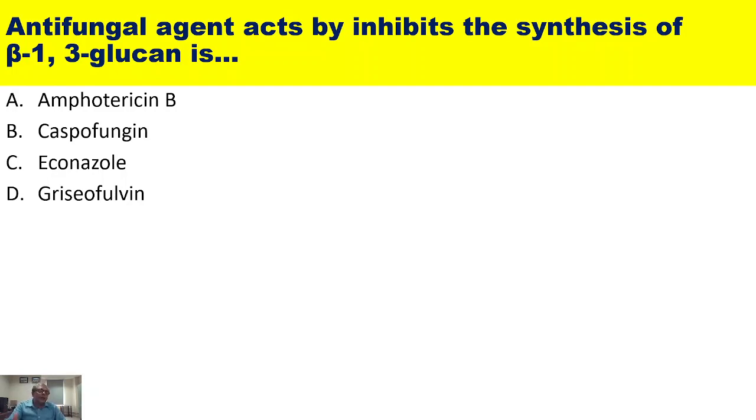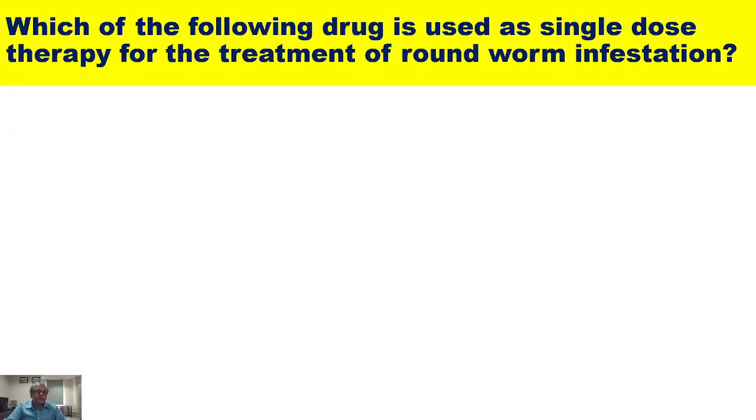But caspofungin is the correct option. It inhibits the synthesis of the fungal cell wall by acting on a unique pathway, inhibiting the synthesis of beta-1,3-glucan, and so the answer is caspofungin.